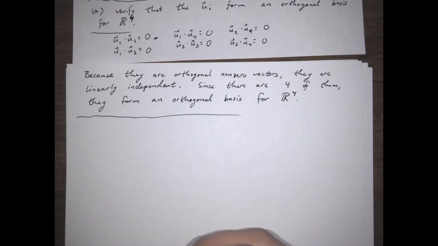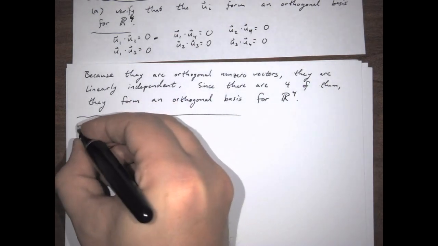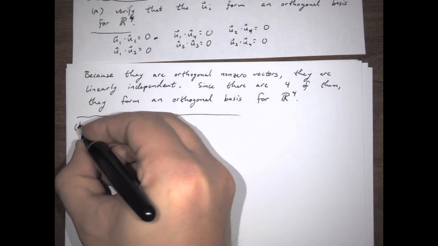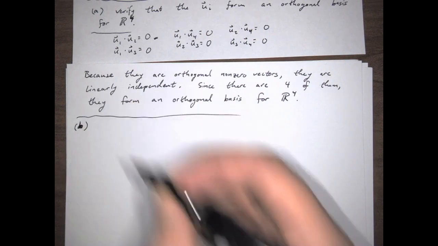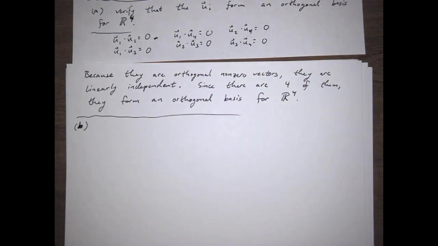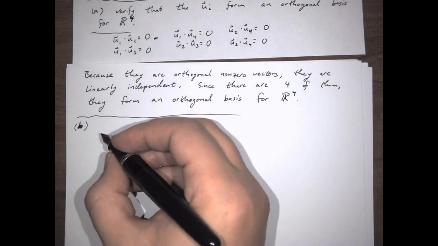Okay, so that was task A. We verified that we are in at least something that relates to the setup of this whole section. So now let's look at the vector x.